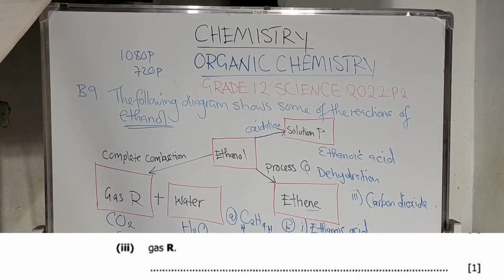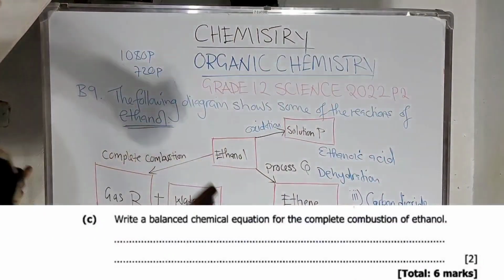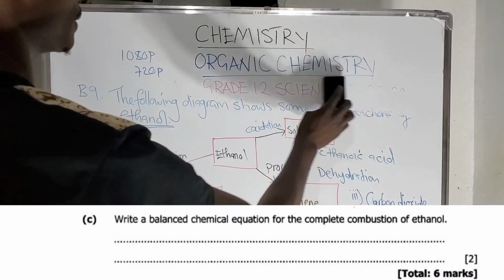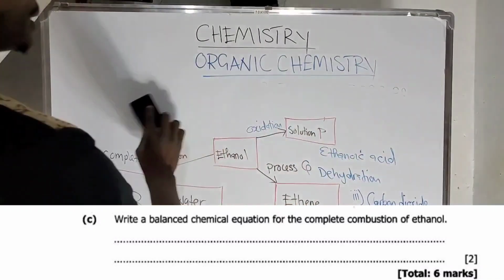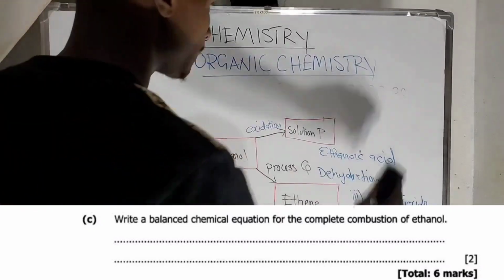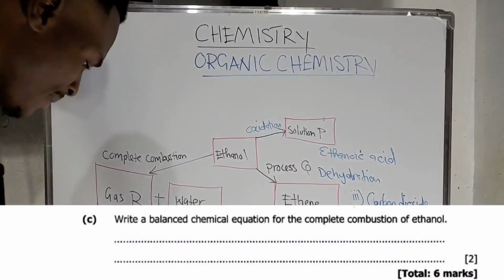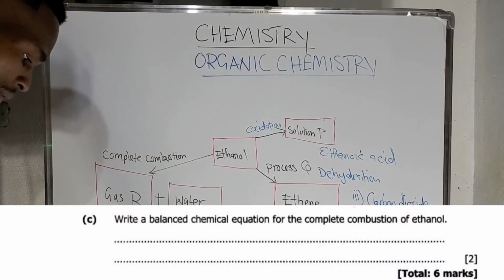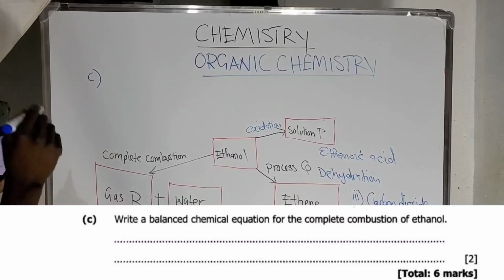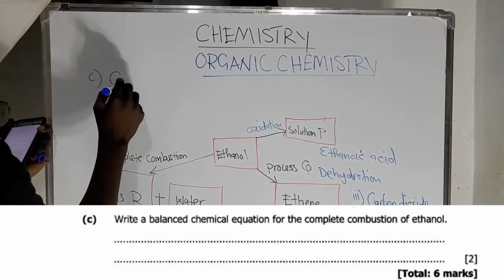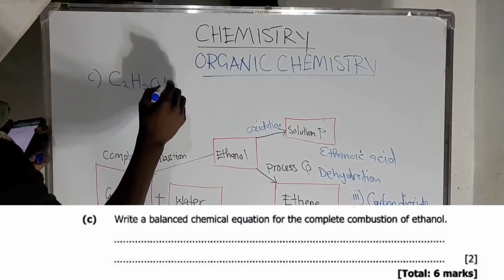Then the last question, which is question C. Let me create space here. It says write a balanced chemical equation for the complete combustion of ethanol. The chemical formula for ethanol is C2H5OH.